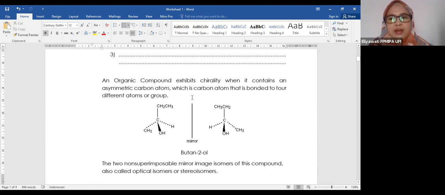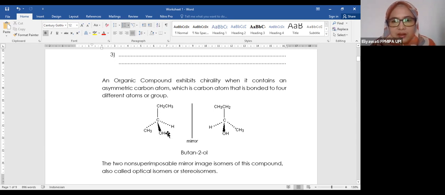You can see both of the formulas have the same molecular formula, but different places of the group for each compound.